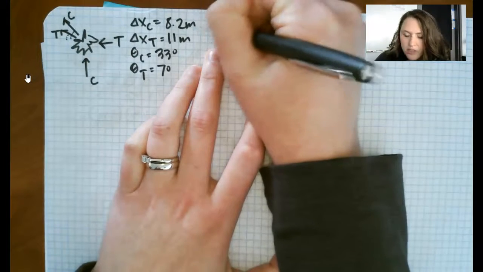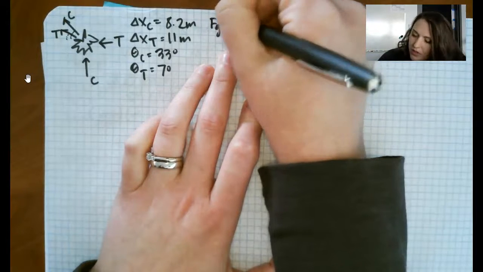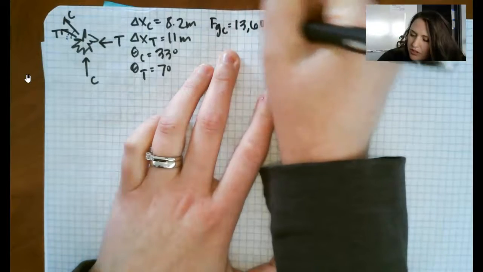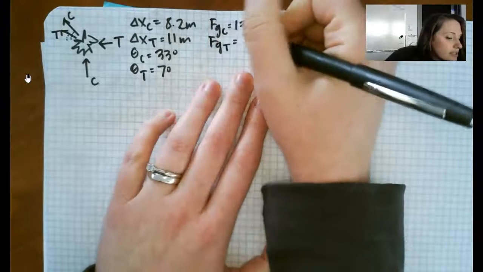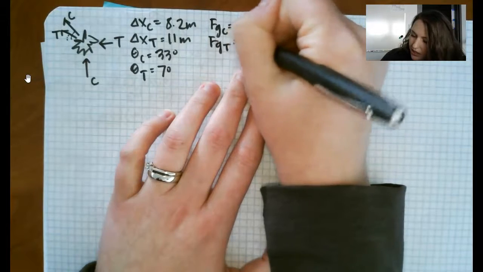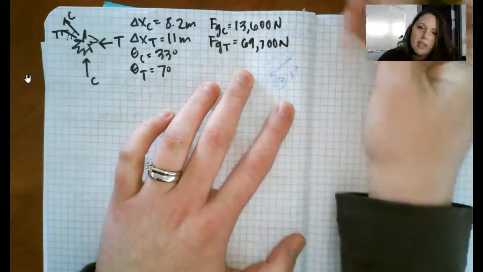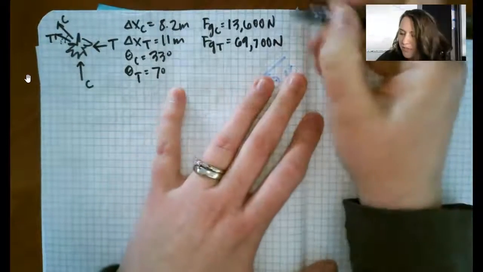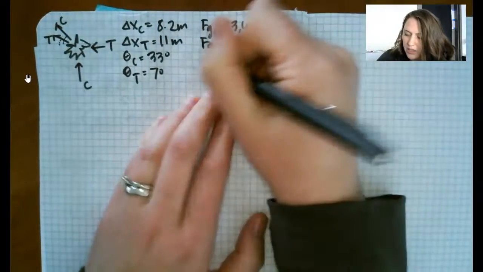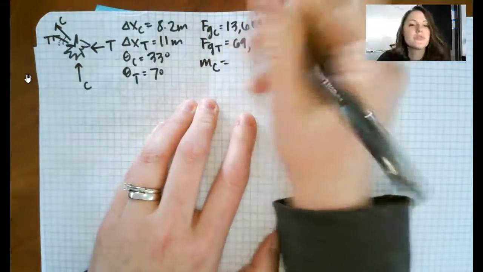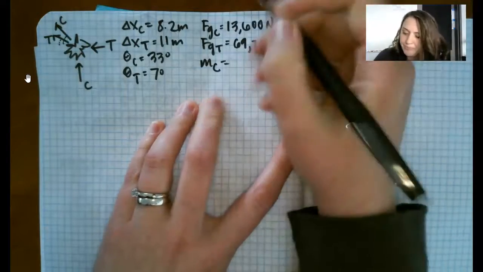I know the force of gravity, the weight on each of these cars is given. So the force of gravity of the car is 13,600 newtons. The force of gravity of the truck is big, 69,700 newtons. From those two things, I can figure out what their masses are, right? So the mass of the car, force of gravity is equal to mass times the acceleration of gravity.